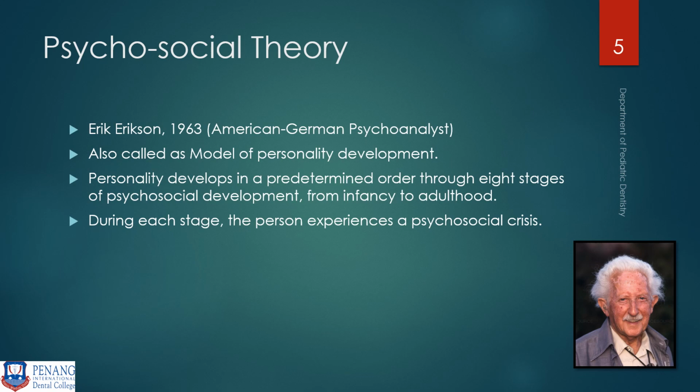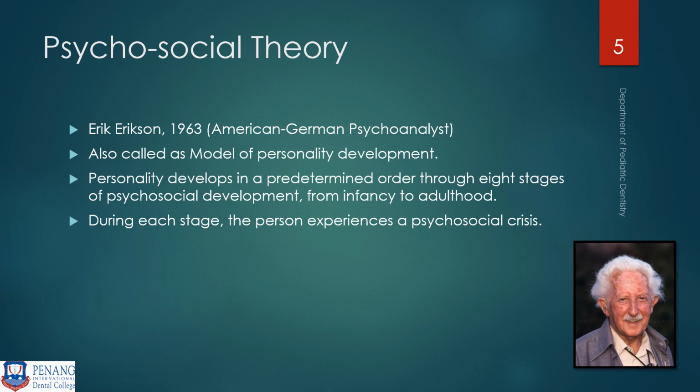The psychosocial theory was given by Dr. Erik Erikson in 1963, and he was a psychoanalyst. This theory is also called the model of personality development, where he tried to explain that the personality develops in a predetermined order, and has to go through 8 stages from infancy to adulthood.